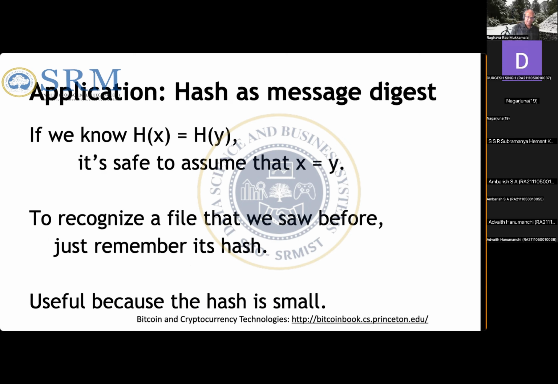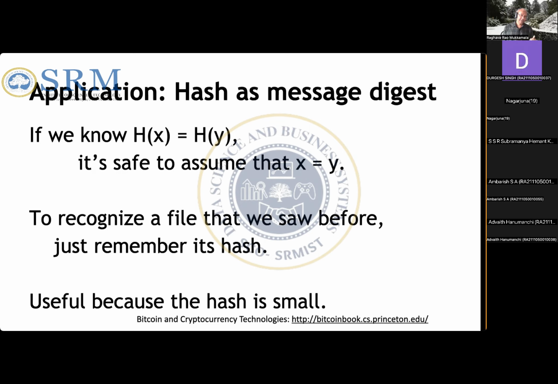Okay, so how do we use the collision-free property? Because we have seen that it is very difficult to produce a collision. For example, let's say I have a pretty big file which I want to store on some cloud storage, like uploading a huge file to Dropbox. Rather than keeping all the huge data, I can take the hash value and store it.